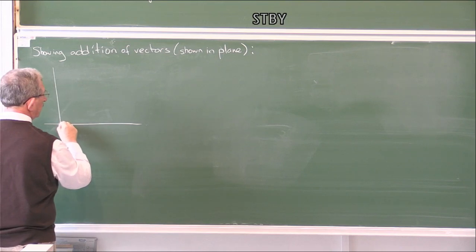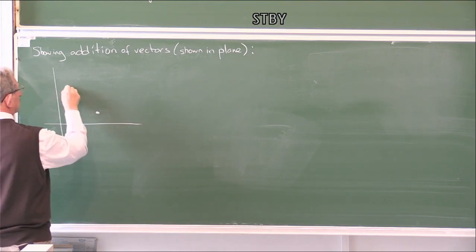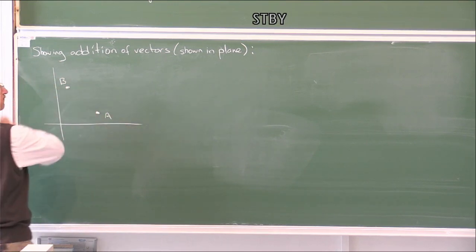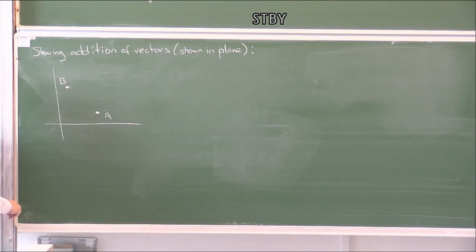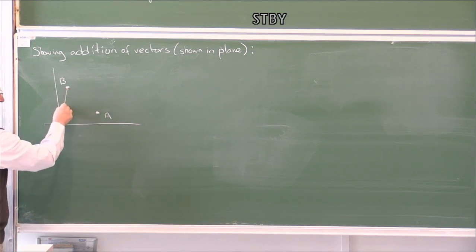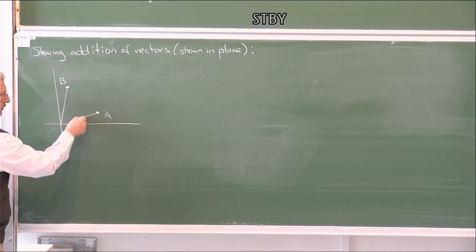Suppose we have 2 points, A and B. Thinking of them as vectors, we connect them to the origin.